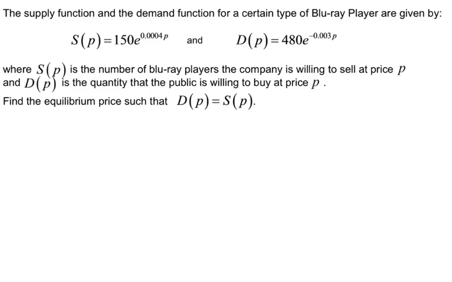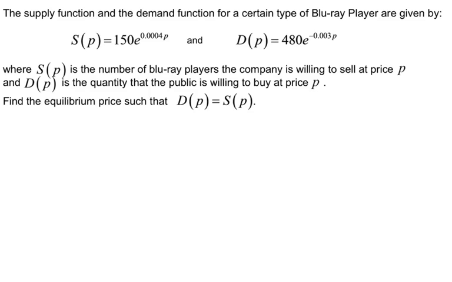So if I was the manufacturer of this product, I might say to myself, well, if I make 100 Blu-ray players and I sell them for $1 million each, well, there we go. I've got $100 million. I'm golden. So I would only need to make 100 and I'd be rich.